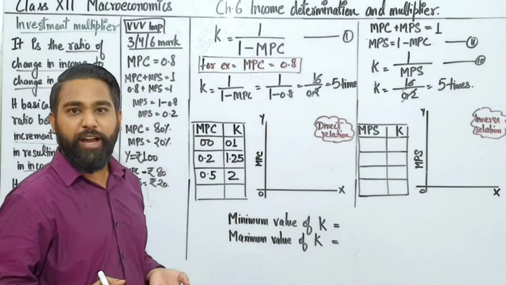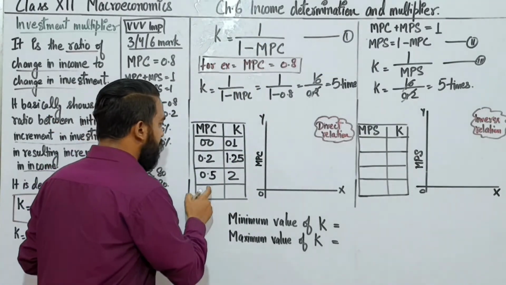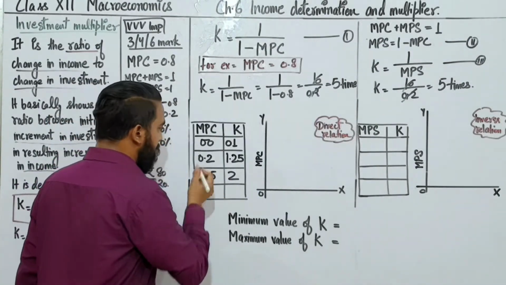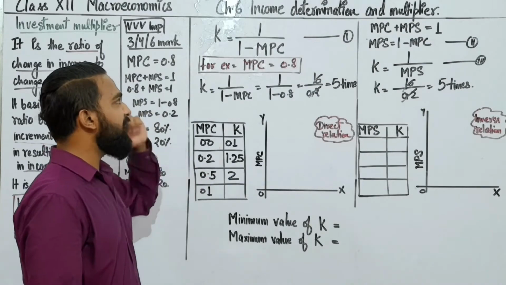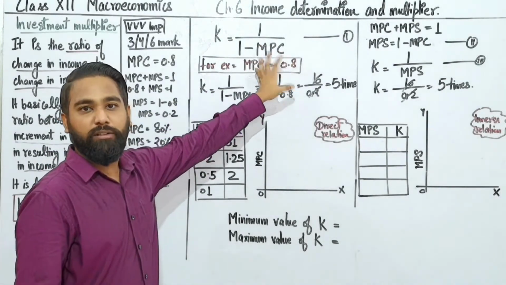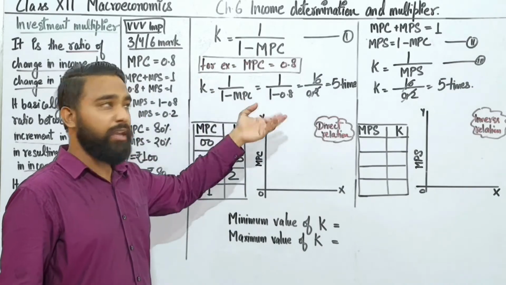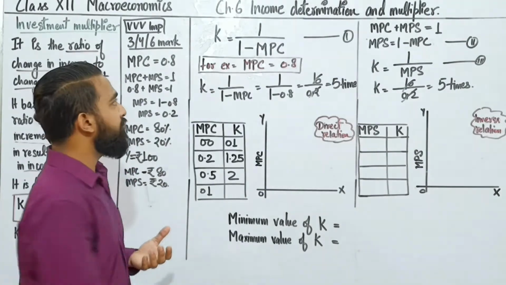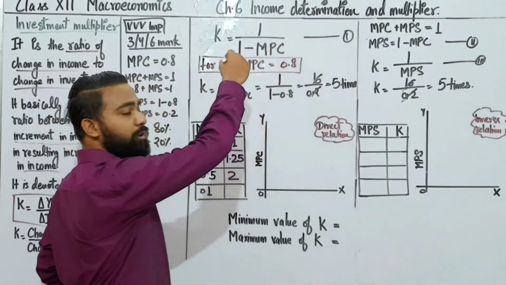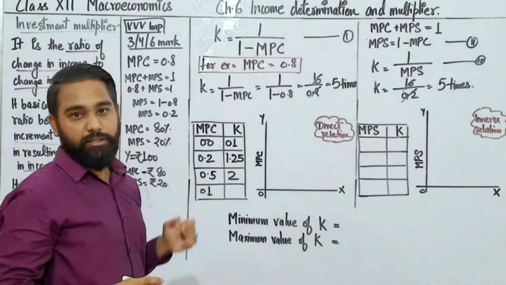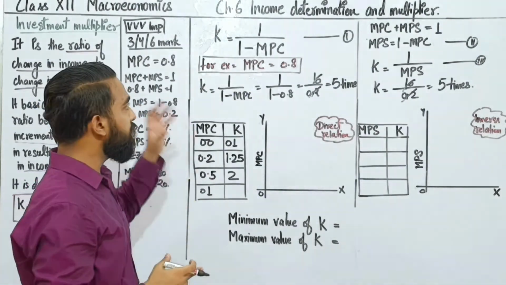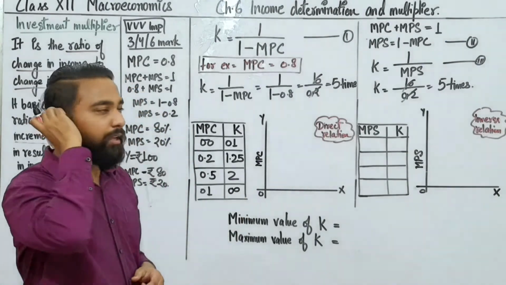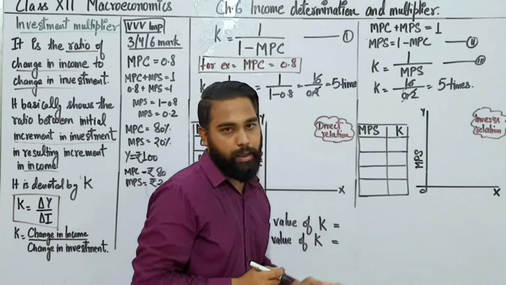Now suppose the value of MPC is 1, then what will be the value of K? 1 upon 1 minus 1. 1 minus 1 means 0, and if the denominator is 0, then the value will be infinite.